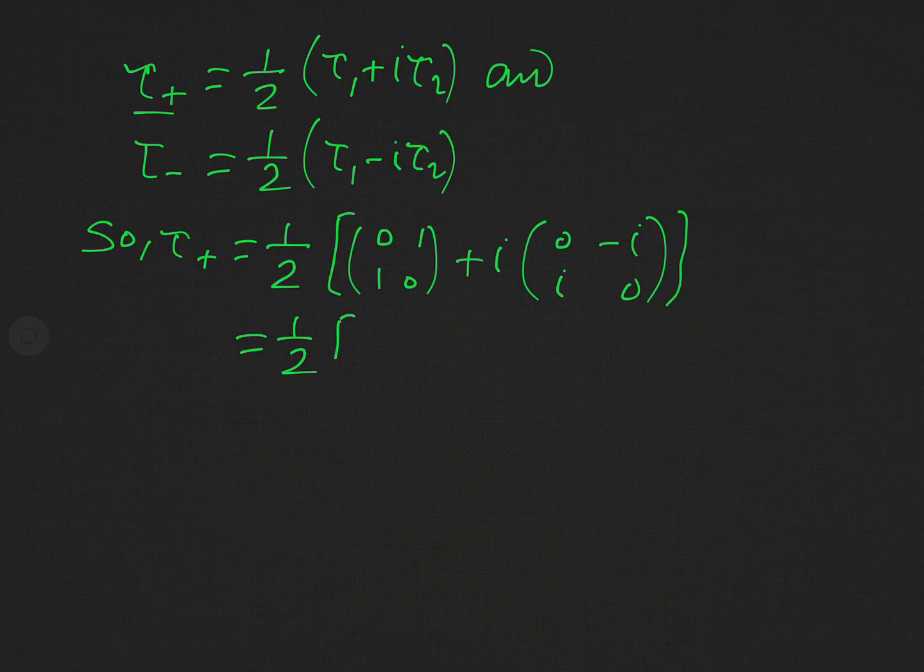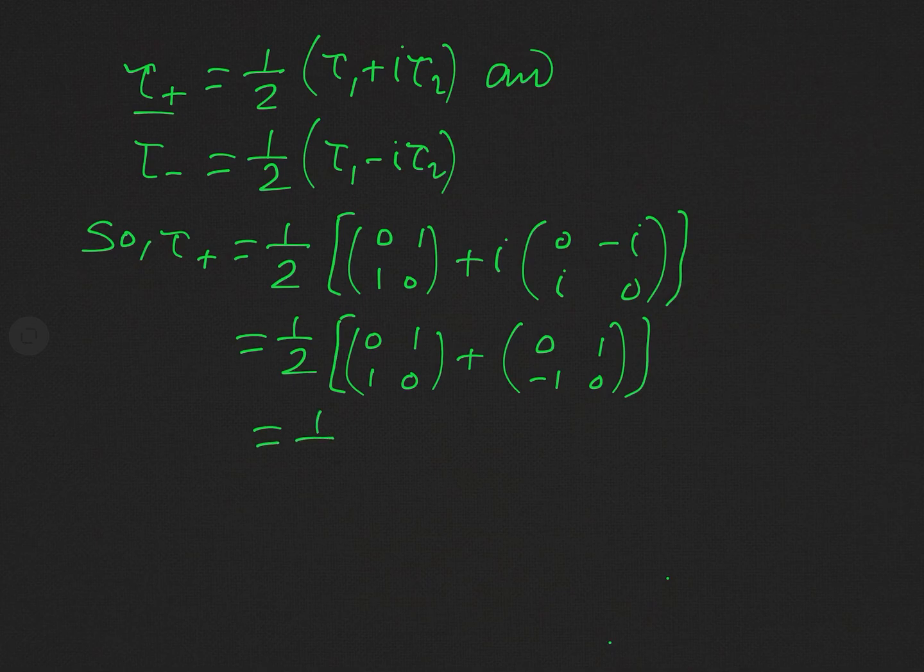This is 1 over 2 times the matrix 0 1 1 0 plus the matrix 0, i times i squared, that is minus 1, and here is minus, so this will be plus 1, and this is i squared, that is minus 1, and this is 0. What will this be?